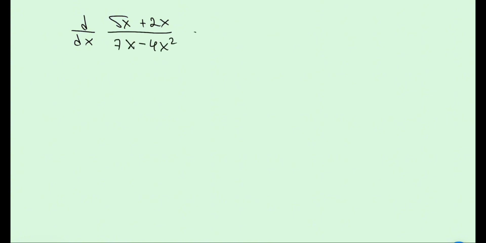Now let's find the derivative of the square root of x plus 2x over 7x minus 4x squared. So the square root of x is x to the 1/2. So the derivative of that is 1/2 x to the negative 1/2. The derivative of 2x is 2. So this is our derivative of f of x. Now we'll multiply this by g of x based on our quotient rule.